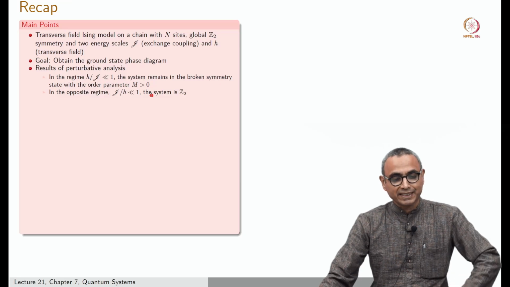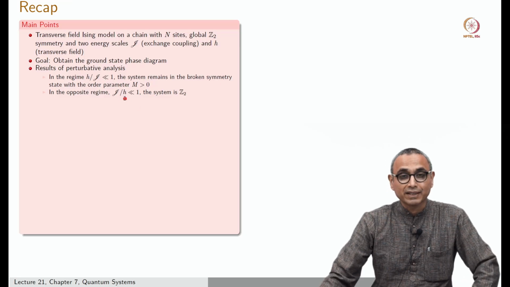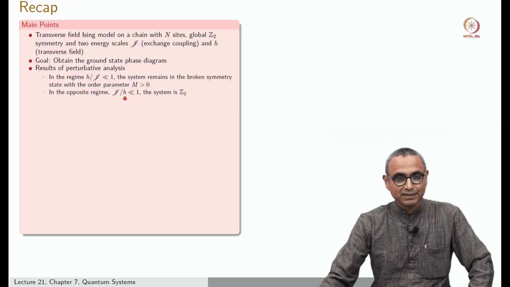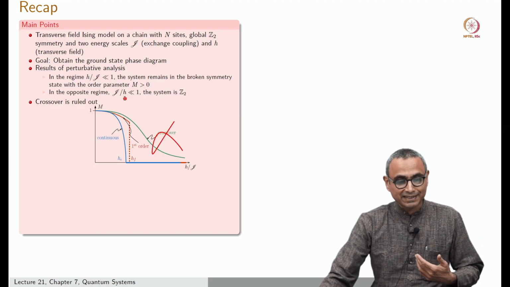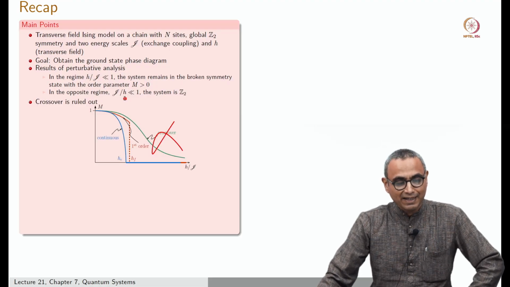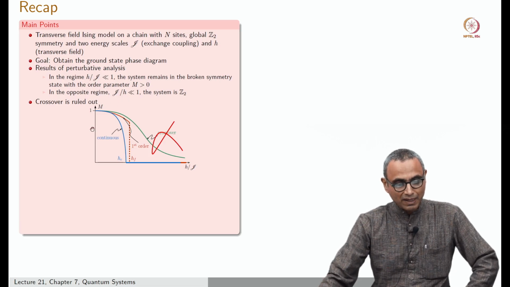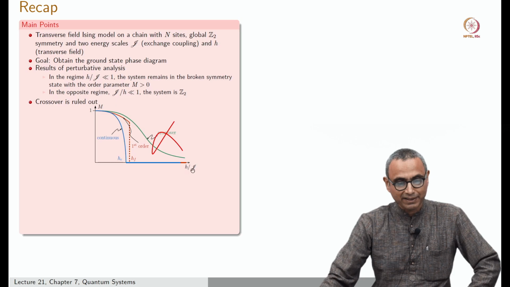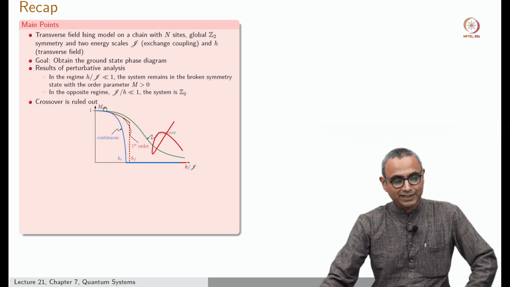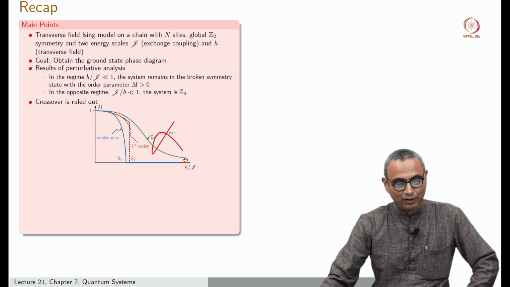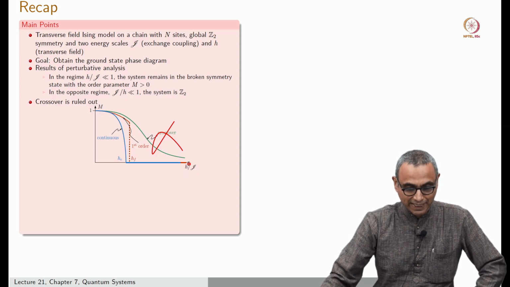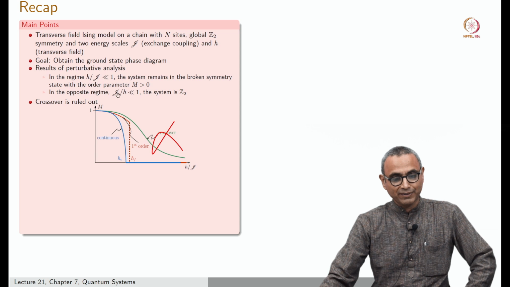In the opposite regime, where the exchange coupling is much smaller than the transverse field, the system retains its Z2 symmetry, and the question we were asking is, as you change this parameter h by j, how does it go from this ferromagnet all the way to this symmetry preserving state that is obtained when j is equal to 0.